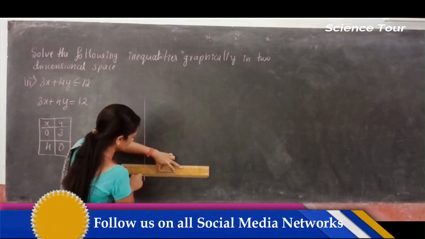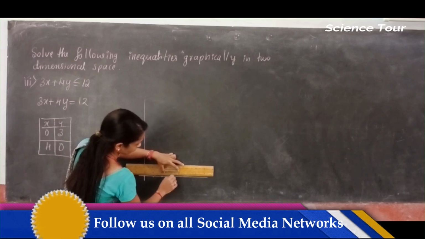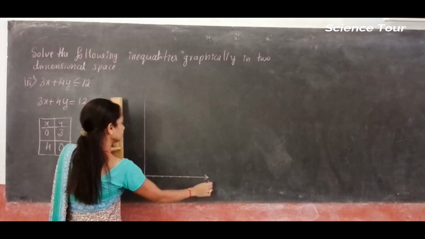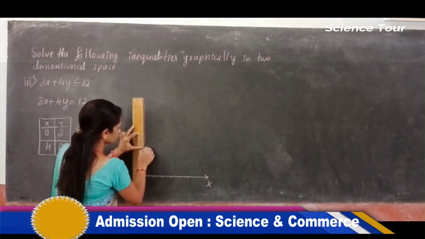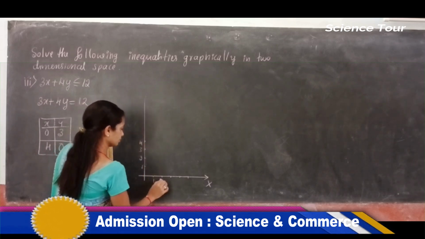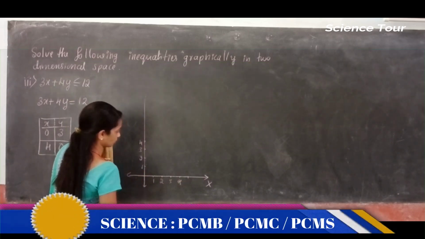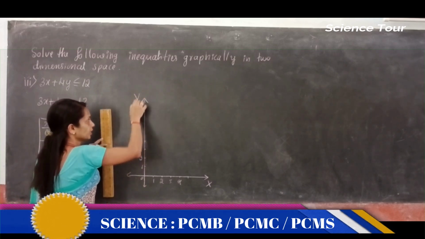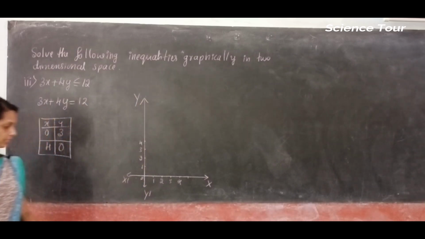On both axes you have to mark points at equal distances: 1, 2, 3, 4, 5, up to 4 is enough. And the origin is 0, 0. Write the x-axis name as X'OX and the y-axis name as Y'OY.